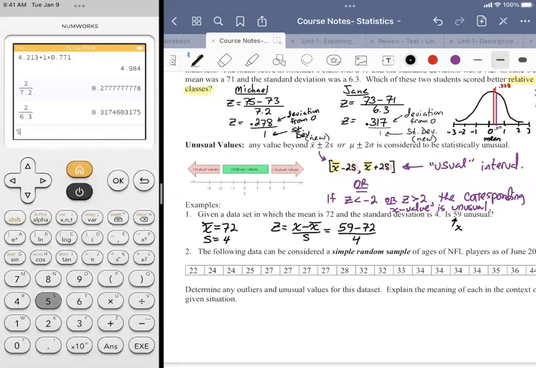So 59 minus 72, negative 13 over 4. That's going to give us a decimal: negative 3.25.